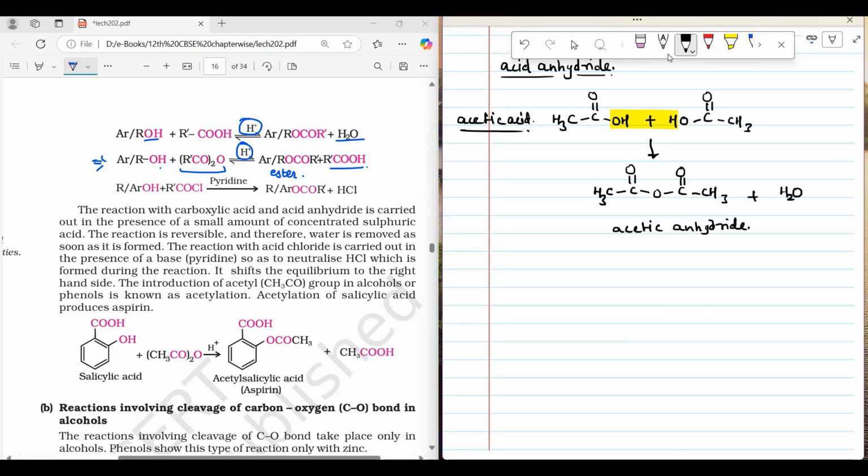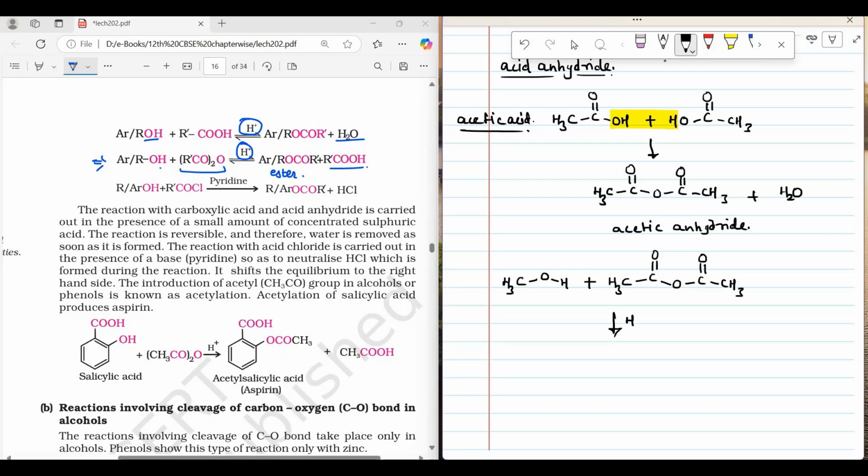Now let's try to understand the reaction of alcohol with acetic anhydride. So let's take the example of methanol again. This is CH3OH. This is methanol. When it reacts with acetic anhydride, so let's draw the structure of acetic anhydride. CH3 C double bond O O C double bond O CH3.